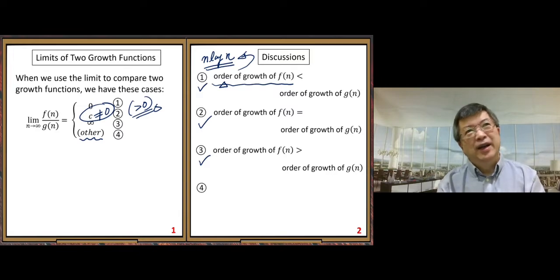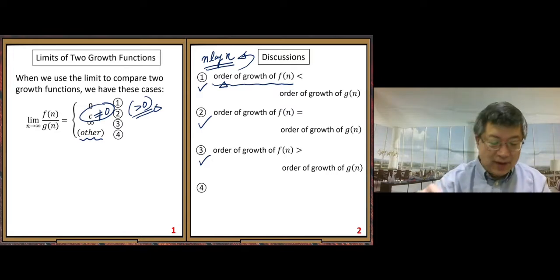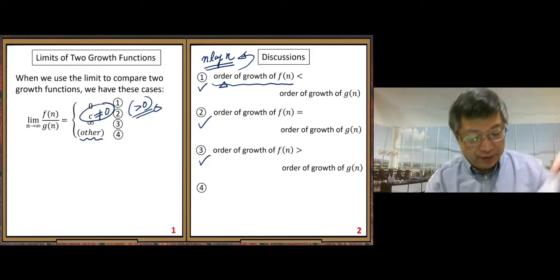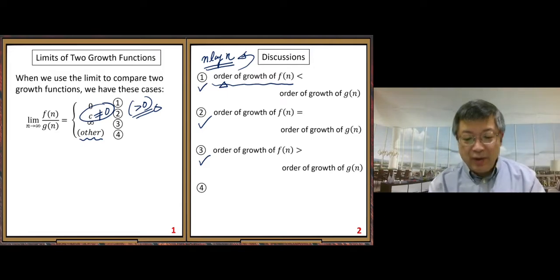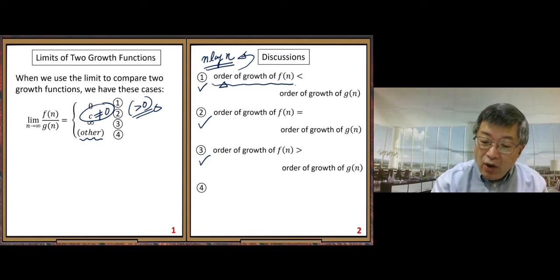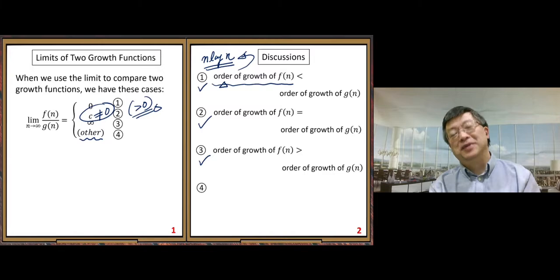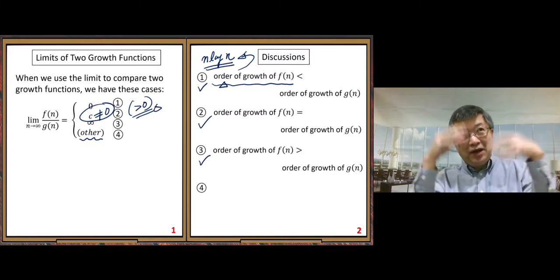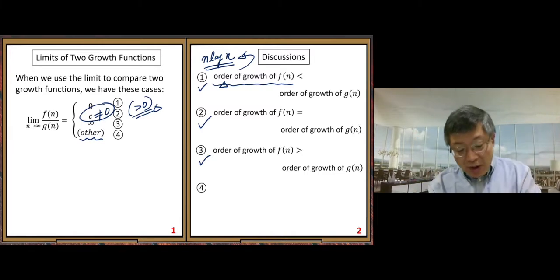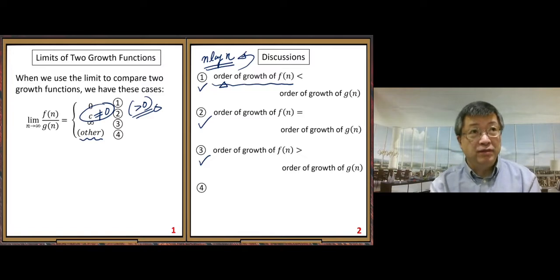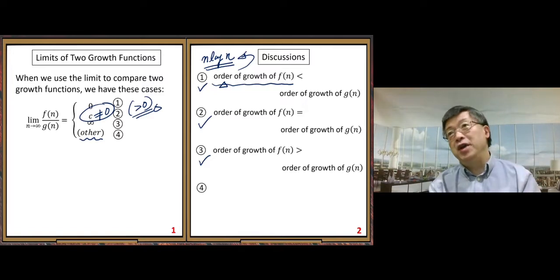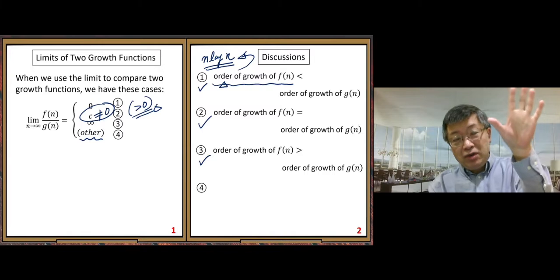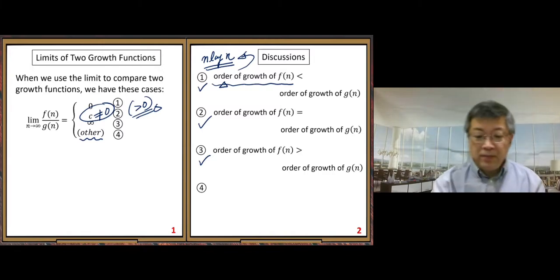Although at this point there is not enough information, I have to correct a little bit, because if the order is less than, then the limit has to be 0. Let me try to clarify, because this part is very easy to get confused. Sometimes I also get confused myself. Let me clarify another time.